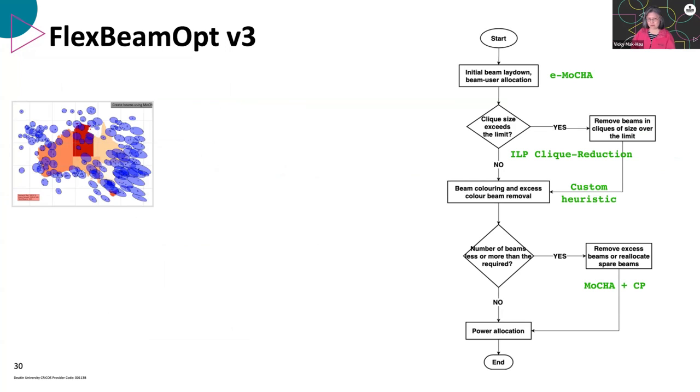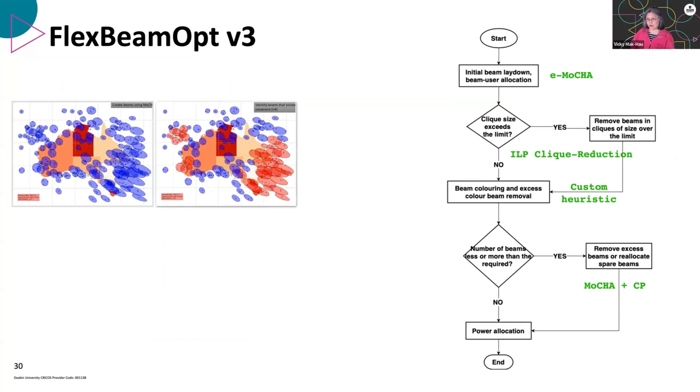So I thought it is best to explain the algorithm by using pictures. Assuming we run eMARCA once, every user will be covered in a beam, but we can't have that many beams, of course. So first of all, we need to fix the coloring problem. Say, for example, we have a 4-color system, then we're just going to convert this into a graph and find the cliques in the graph to see if we have any cliques of size 5 or above.